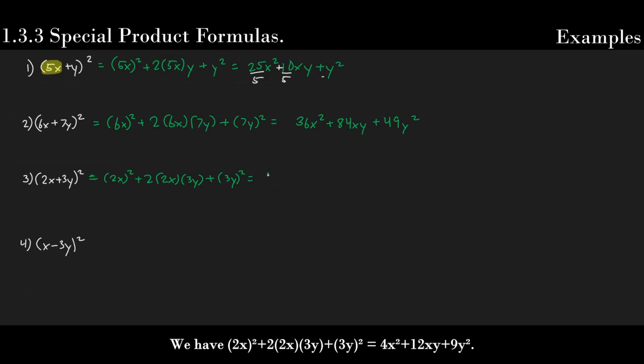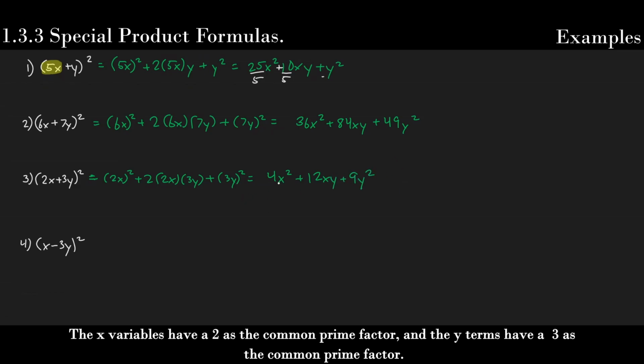This equals 4x squared plus 12xy plus 9y squared. The x variables have a 2 as the common prime factor, and the y variables have a 3 as a common prime factor.